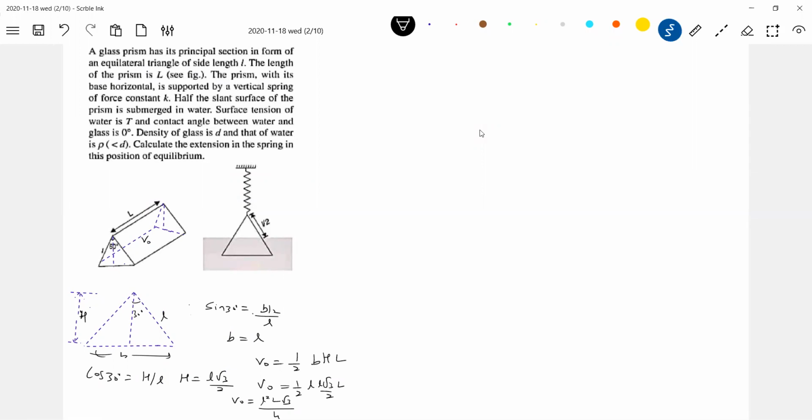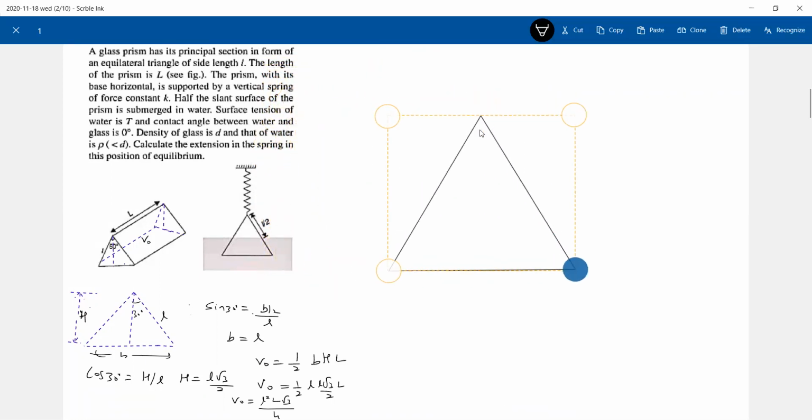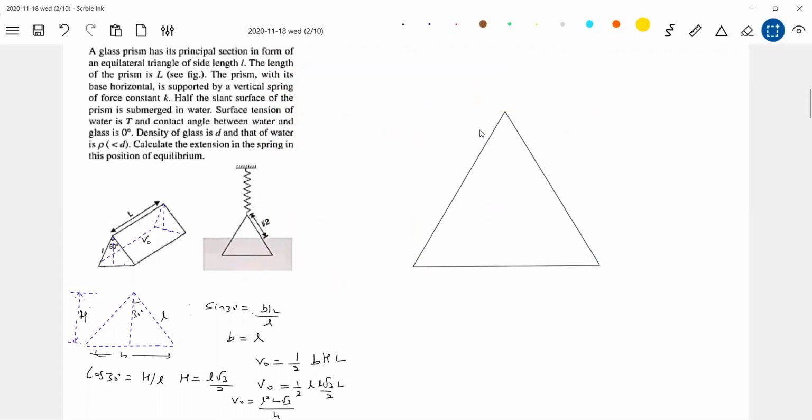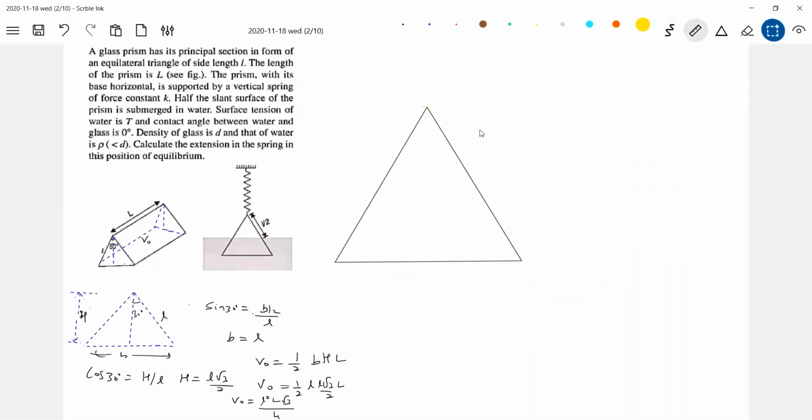Half of it is immersed. Okay, let's get into the problem. So here I'll bring a prism. Half of the slant length is immersed here. Everything else is water.